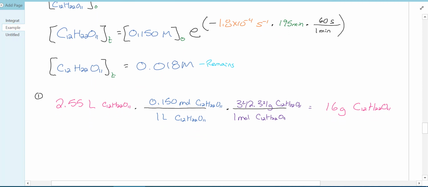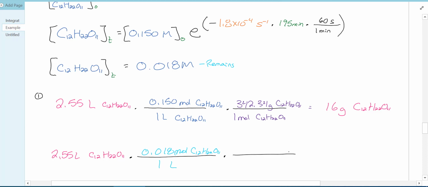All right. Now, in 2.55 liters of C12H22O11, my new concentration is 0.018 moles of C12H22O11 per 1 liter.